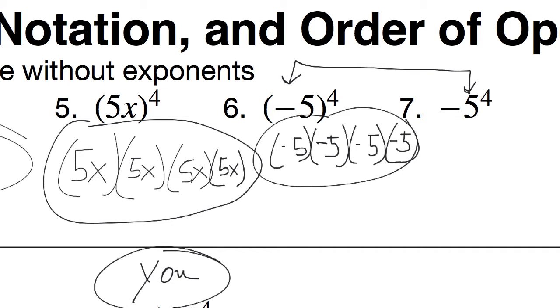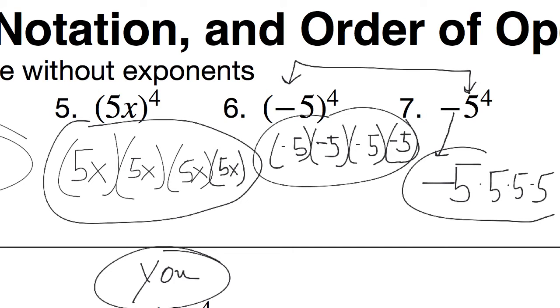Great. That's the answer. However, for number 7, since there's no parentheses, we take this to mean that the 5 gets repeated 4 times, 5 times 5 times 5 times 5, but the negative only gets included after the exponents: negative 5 times 5 times 5 times 5.